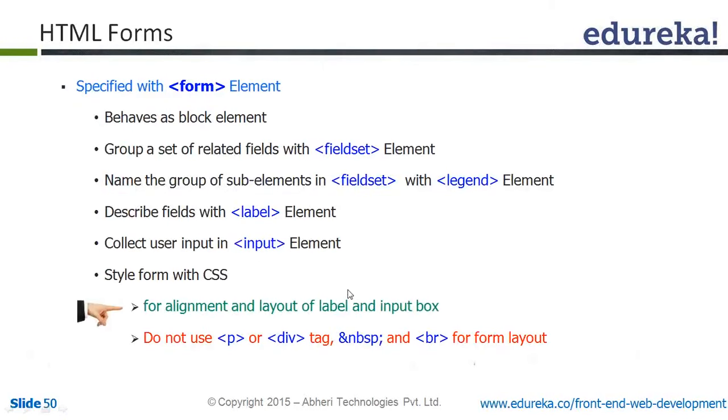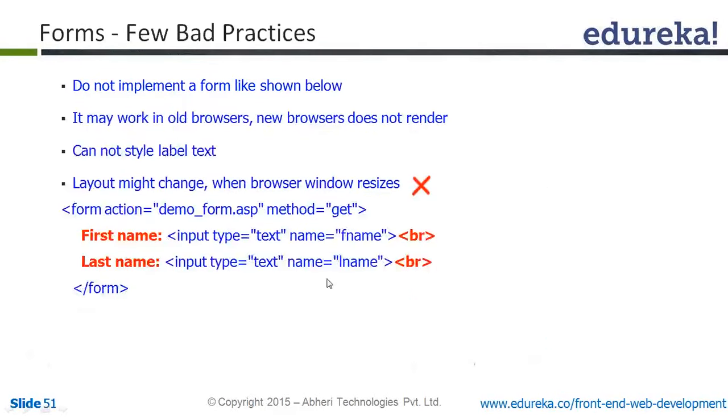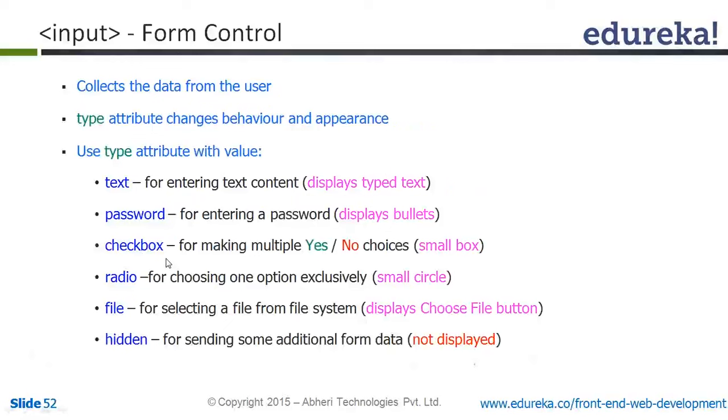So let's see how the form looks like. So this is theory. Let me just skip all of that and directly go to this form. Okay, so let me copy that.